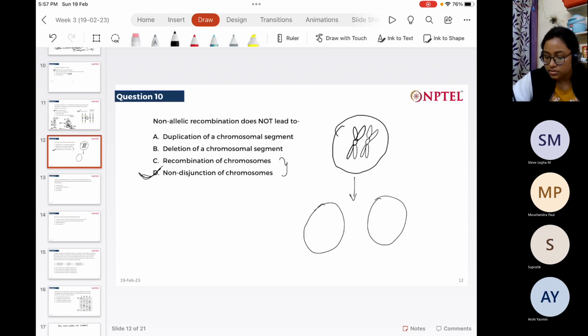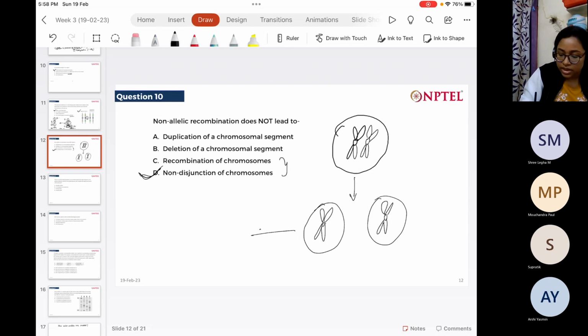Normal case: at the end of meiosis 1, these two homologous chromosomes get separated, right? The synapse gets broken. The recombination has happened. This is the end of meiosis 1. Then it enters meiosis 2, these two cells, and at the end, you get 4 cells.